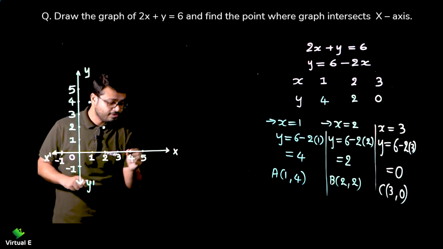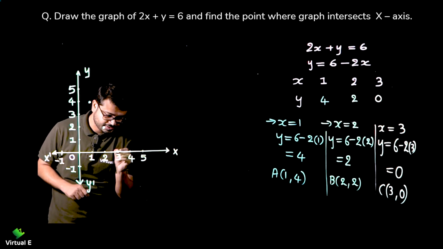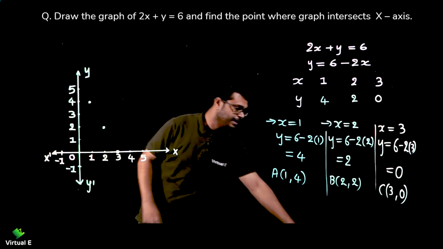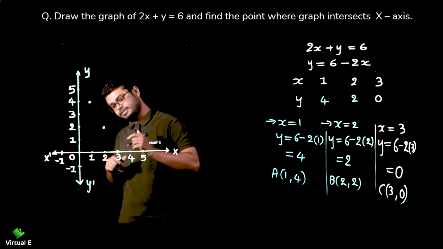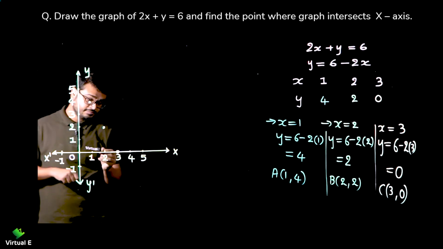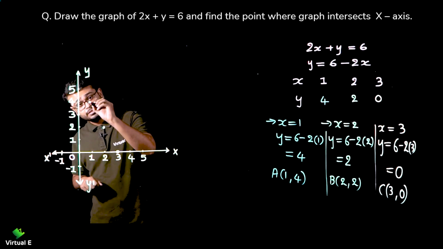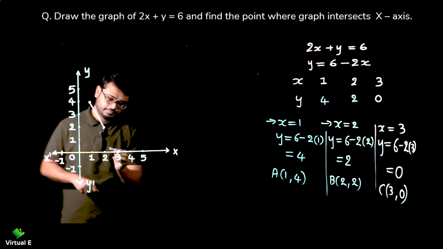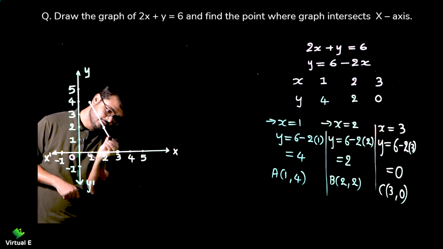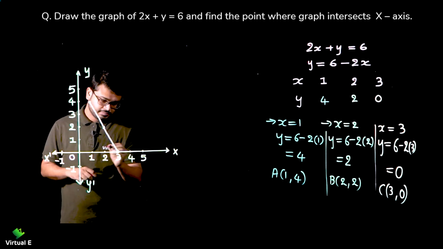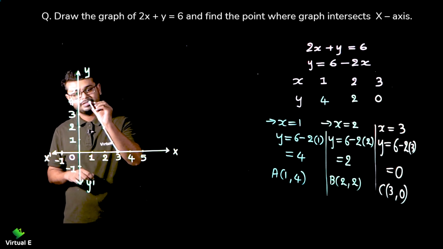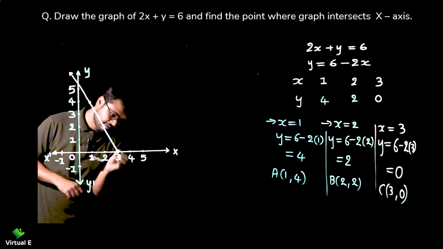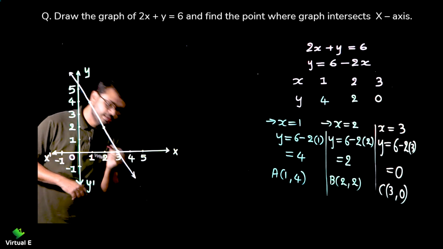So 3 comma 0, here it is, right? Now what we need to do, we need to connect them. So let's connect. That's difficult to do, no worries, let's try it. And here, so this is it. Now let's extend it further, up and down as well, right?